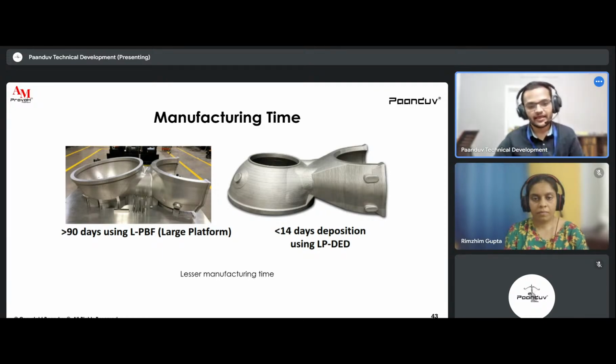Then here we can see that it took around 90 days to manufacture a component with LPBF. On the other hand, it took less than 14 days to manufacture the same component with the direct energy deposition process. So basically, the direct energy deposition process took less time for manufacturing.